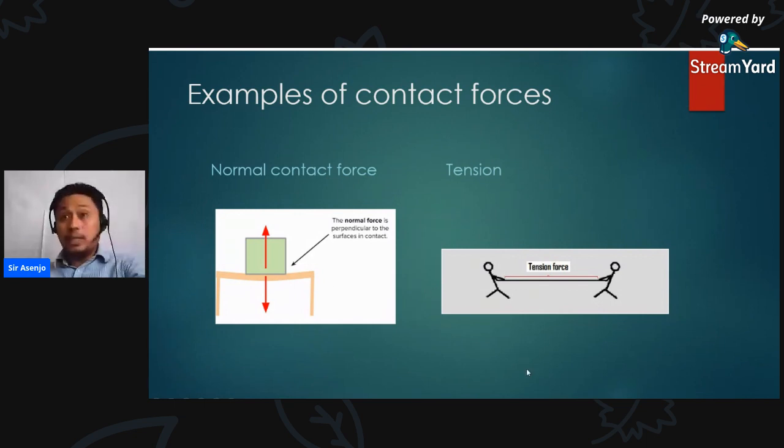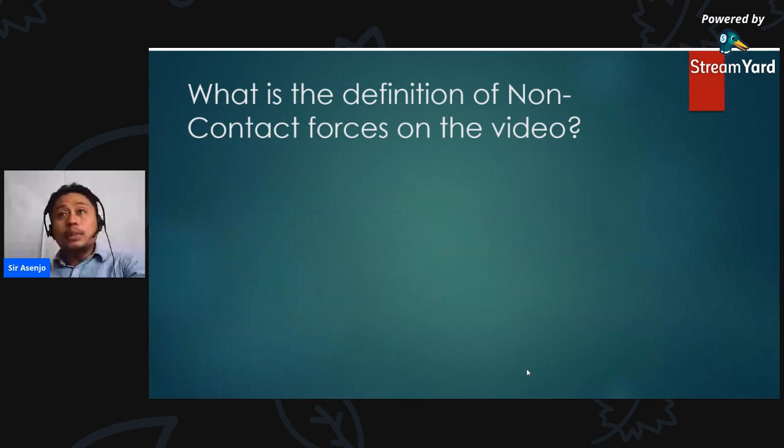Easy as that. Now, let's talk about the definition of non-contact force given in the video. So what is the definition of the non-contact force given in the video? Forces that exist on objects that don't require to be touching. Remember the keyword, don't require to be touching.